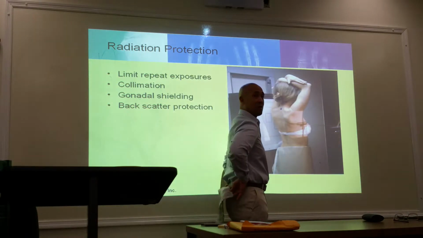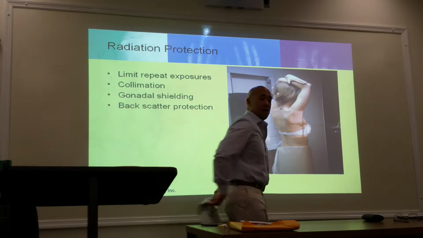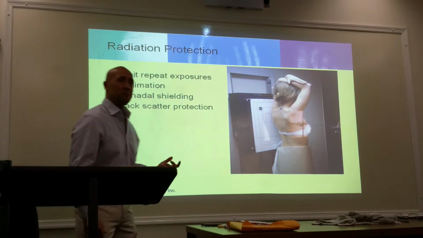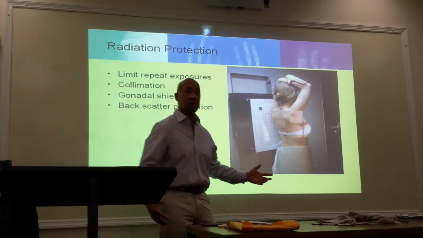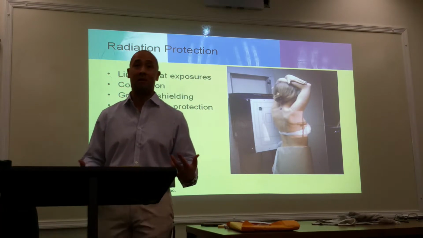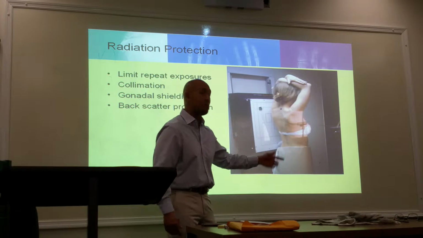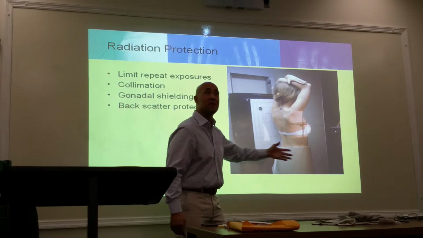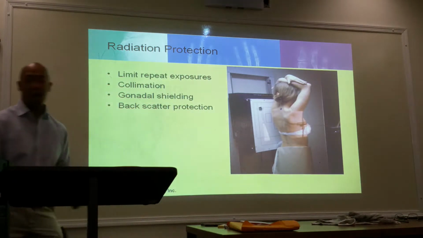Not really. When they go to the lateral, you want to rotate the shield. Some technologists not only shield the primary beam, they also shield the other side. If you have a wraparound shield, that's even better, because now we're protecting them not only from the primary beam, but also from scatter coming from the image receptor.